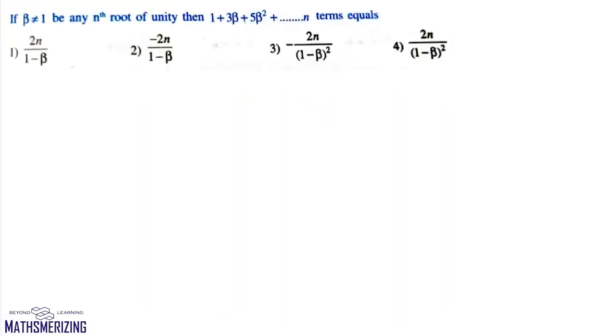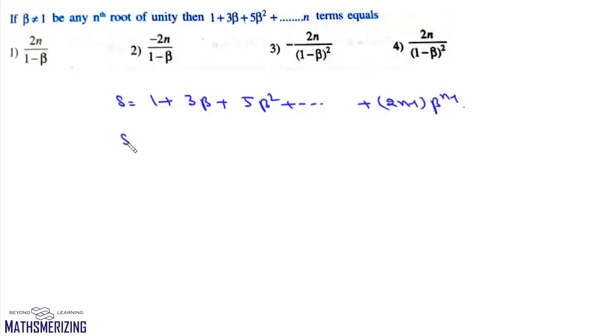and it is 2047. Now here the question is, if beta to the power n equals 1, beta is any nth root of unity, then we need to find this sum. So this sum is 1 plus 3 beta plus 5 beta square. It continues up to 2n minus 1 beta to the power n minus 1.